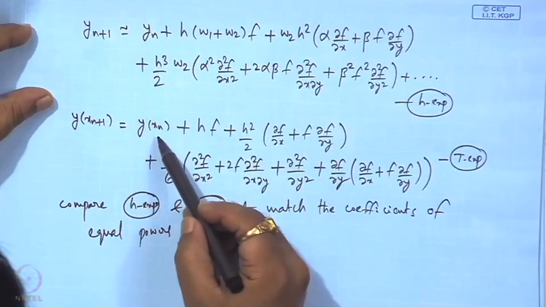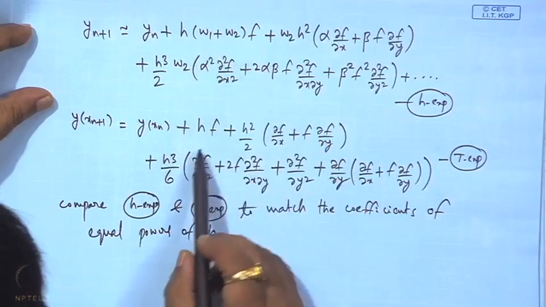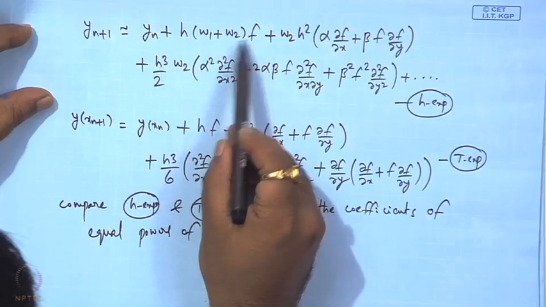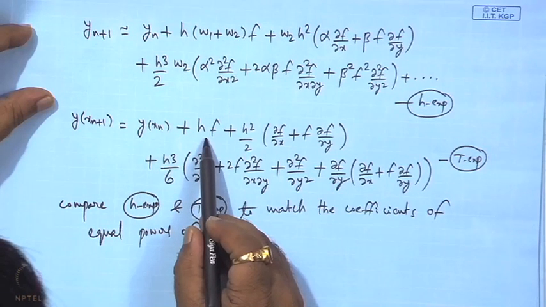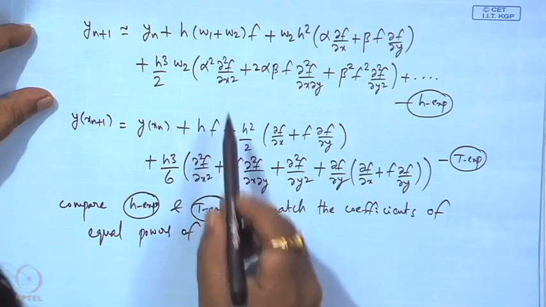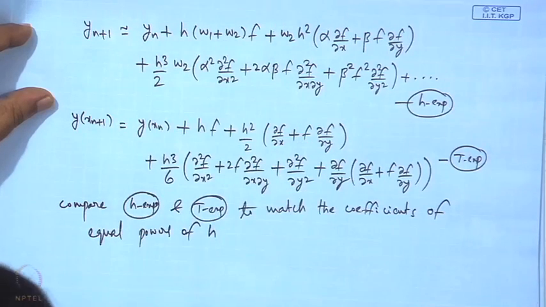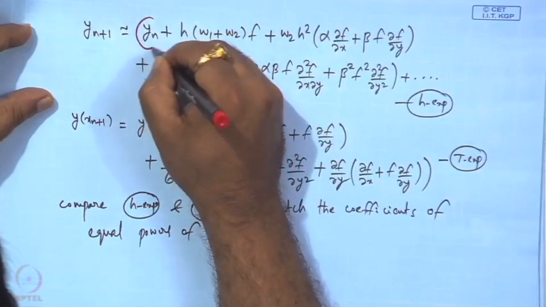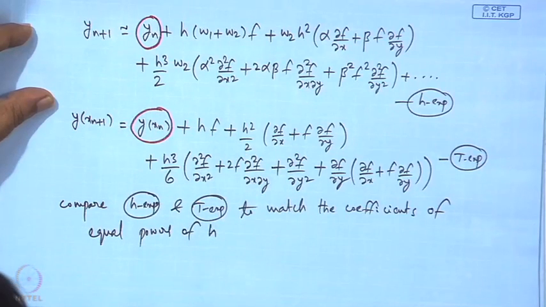So, y n must be approximating y of x n, then look, you have h f. So, h f. So, w 1 plus w 2 must be 1, because this is approximating this. Okay.